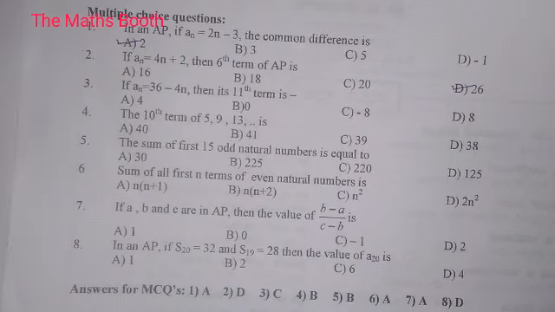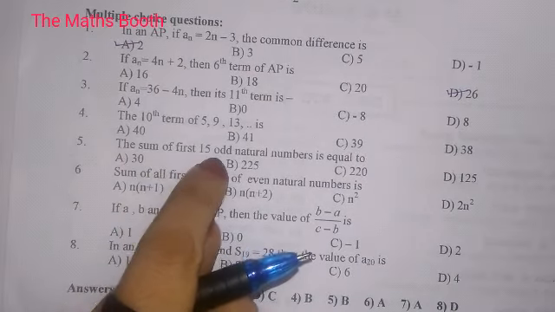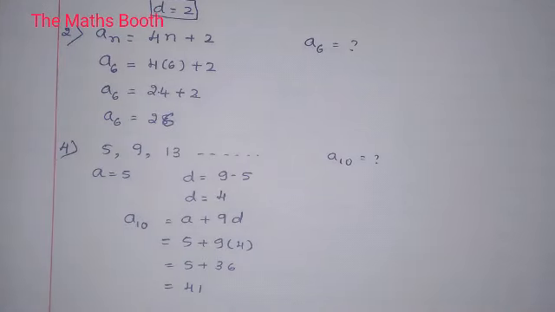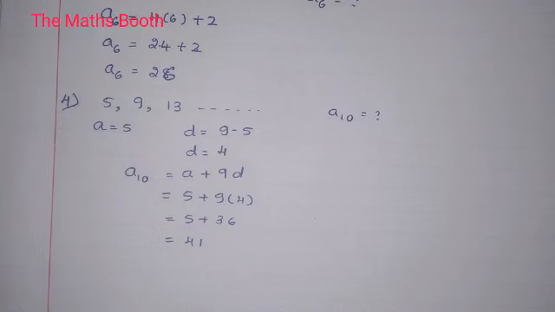Now here they have asked the question: the sum of the first 15 odd natural numbers is. Let us see.